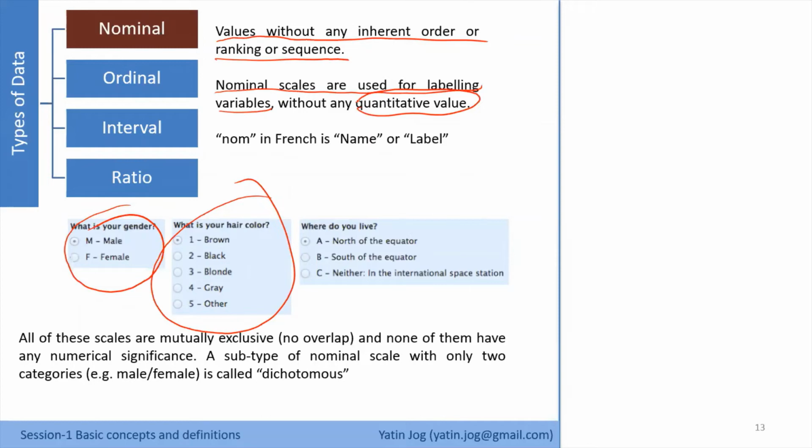All these categories are mutually exclusive. There is no overlap and none of them have numerical significance. And there is a subtype of nominal scale with only two categories, like male and female in the first question, which is called dichotomous. When we have only two possible categories, male and female, it is a dichotomous nominal scale.